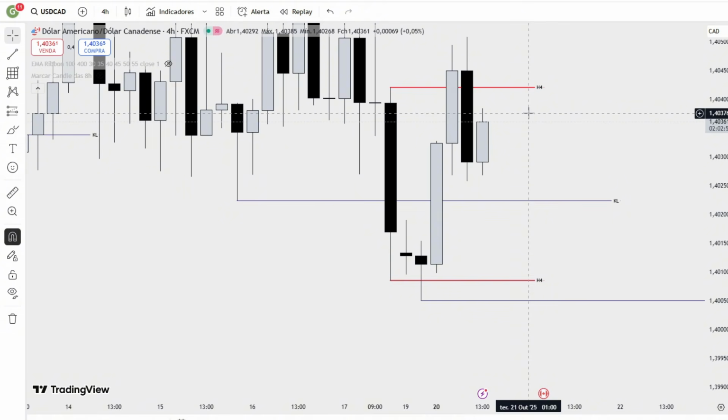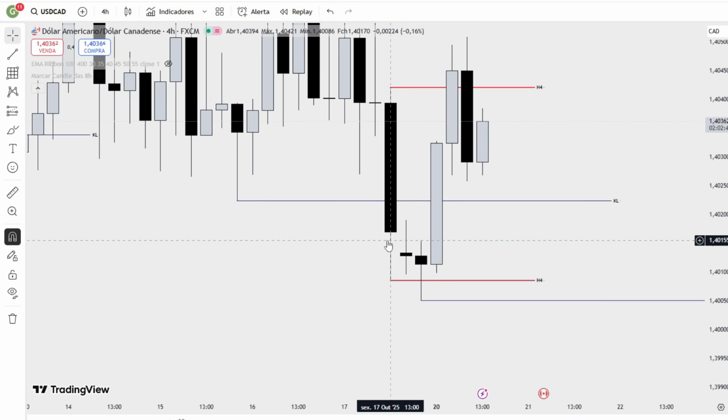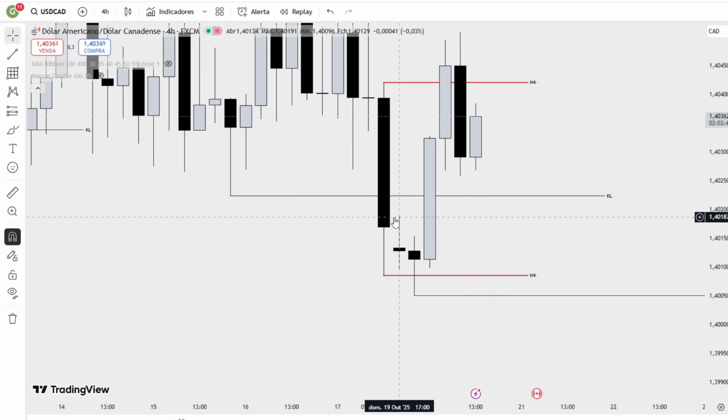It's the same thing. The first candle is your accumulation candle, so you have your accumulation, your manipulation candle, and your distribution candle.